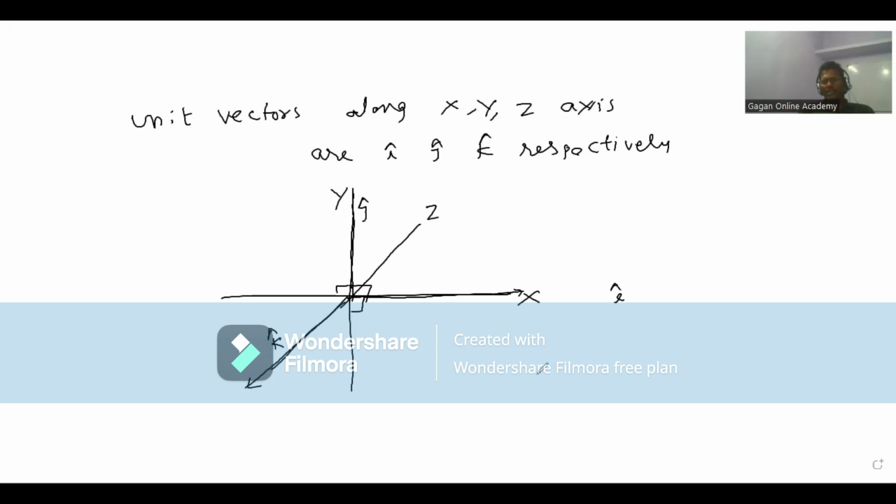These x-axis, y-axis and z-axis are mutually perpendicular to one another. Magnitude of i, magnitude of j, magnitude of k, these all are equal to 1 because their magnitude is 1.